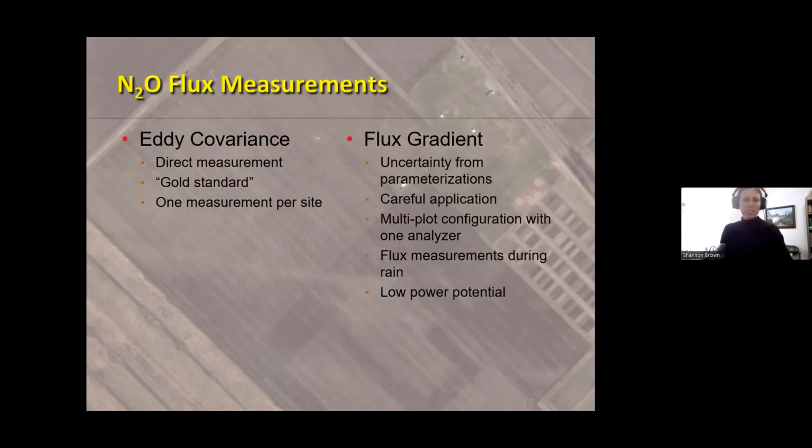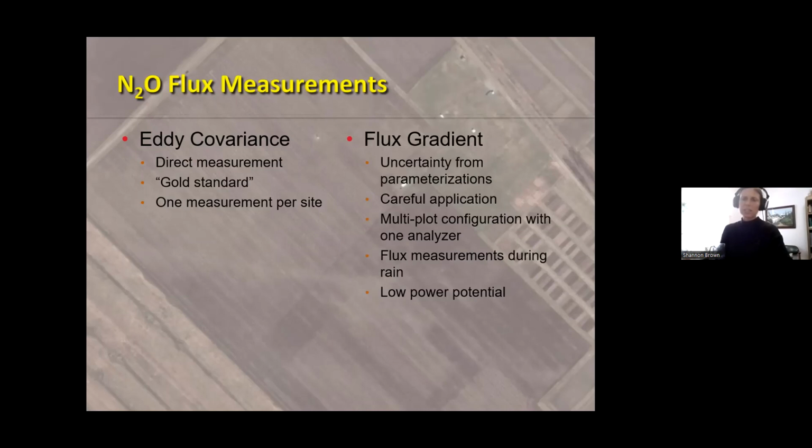But one advantage is that you can set up a flux gradient system in a multi-plot configuration using one analyzer. So you can get 4 plots or 4 measurements for the price of one with this type of configuration. Another advantage of flux gradient is that you can still measure during rain events.